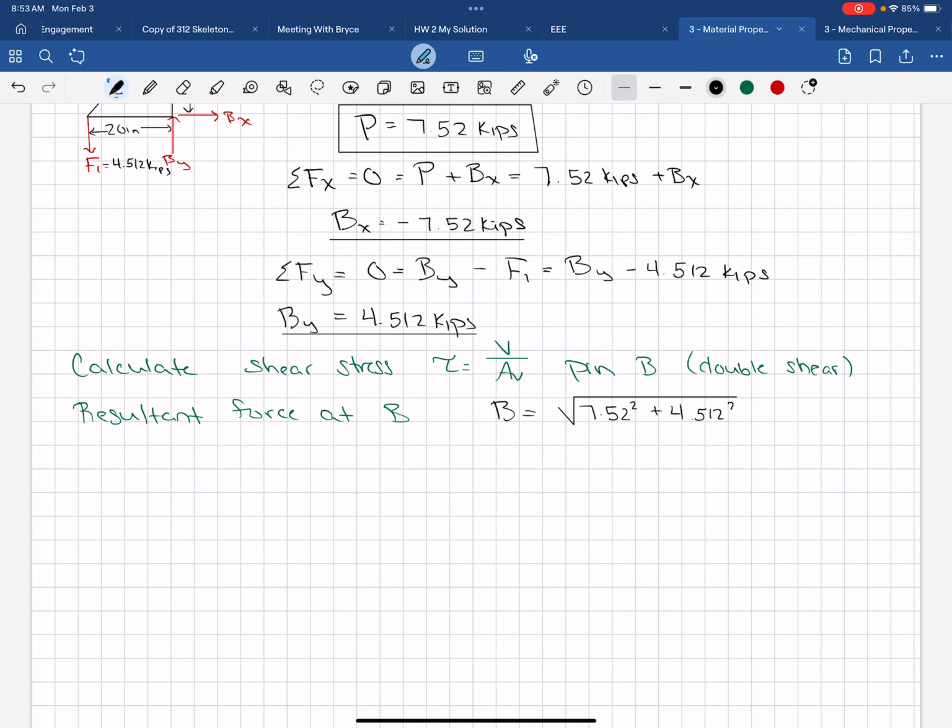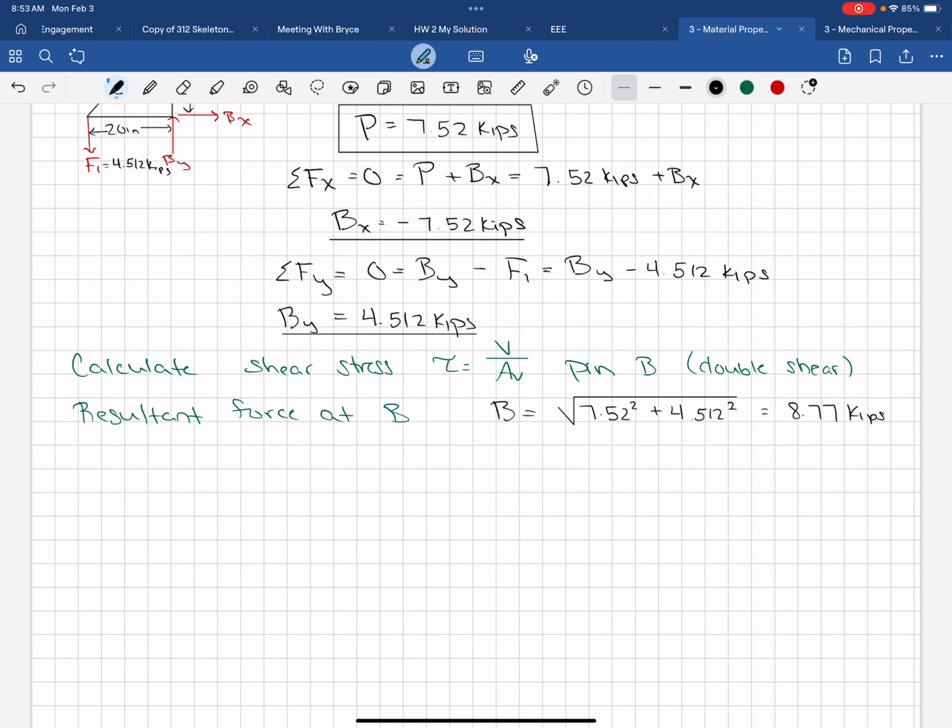So the resultant force at B is 8.77 kips.